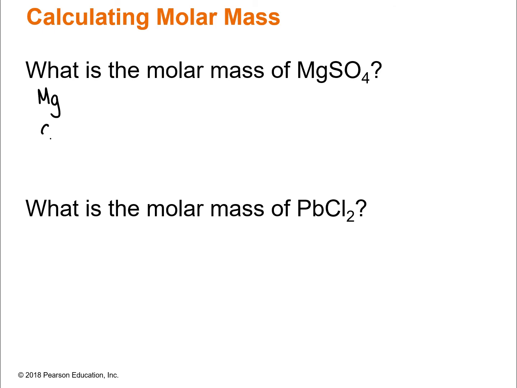So we've got magnesium, sulfur, and oxygen. When you look these up on the periodic table, you'll find 24.305 is the atomic mass for magnesium. We express it as grams per mole, and now we've got the molar mass.